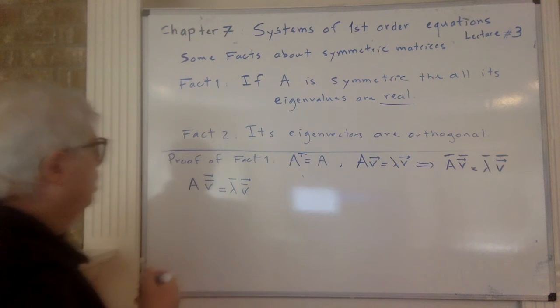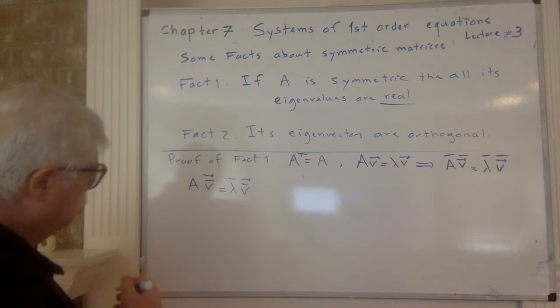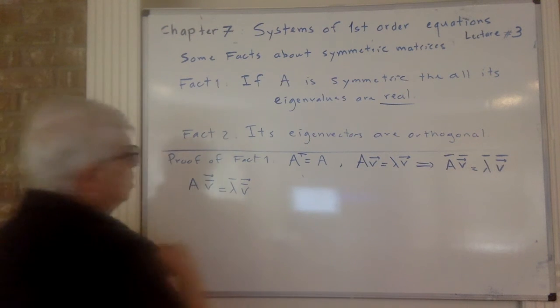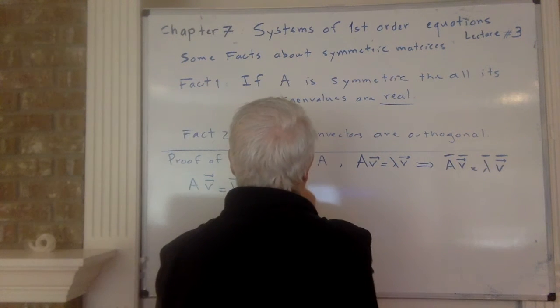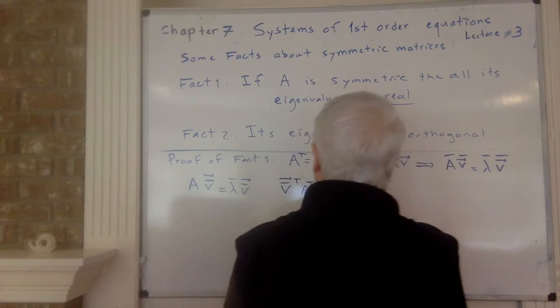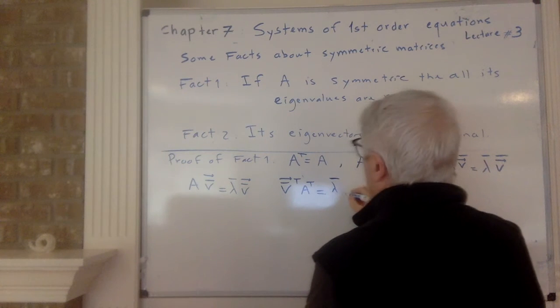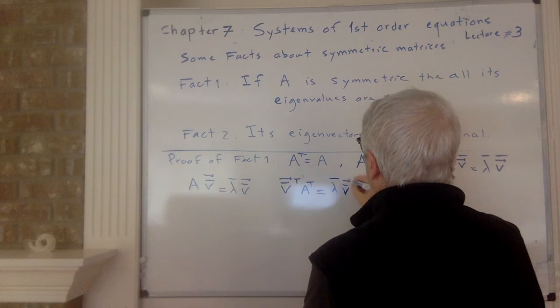Now if I transpose both sides, this side will be V bar transpose A transpose, and this side will be, well, lambda stays, and V bar transpose.